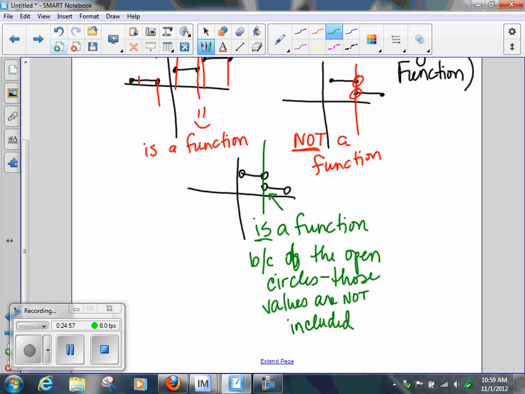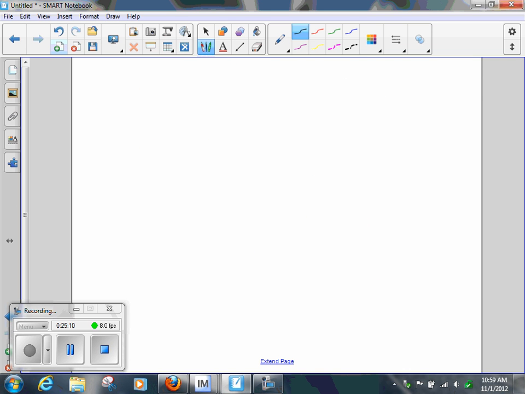Now, what about determining the domain and range? Let's take this one step farther. We're going to look at the domain and range tomorrow specifically. Let's look at these function notations.